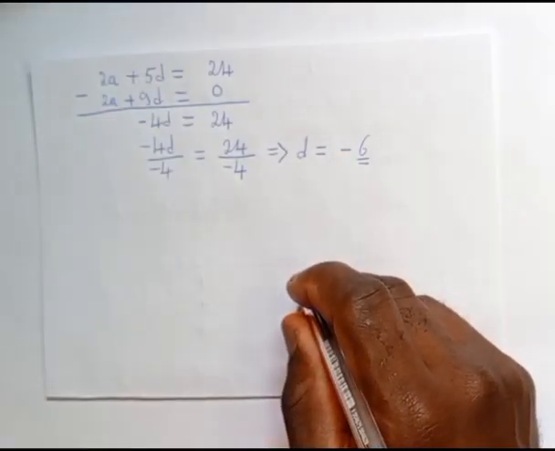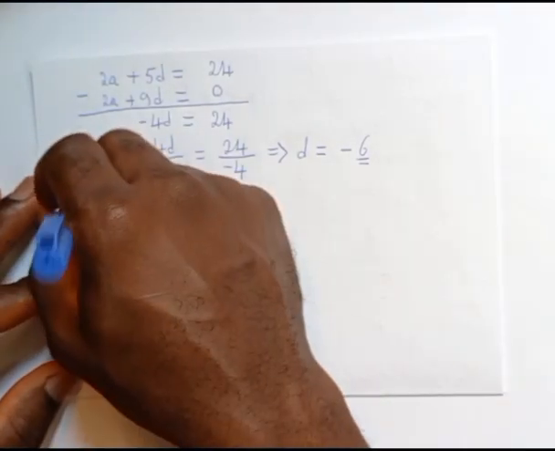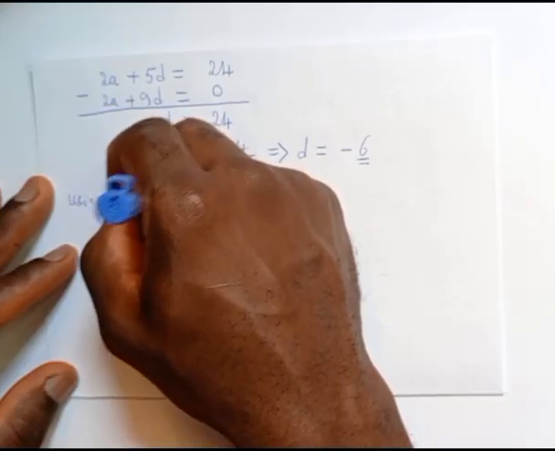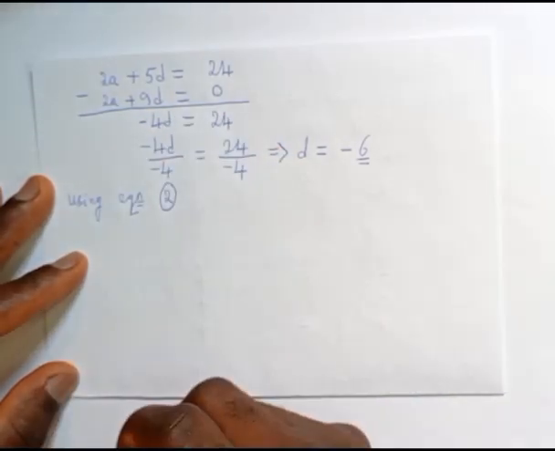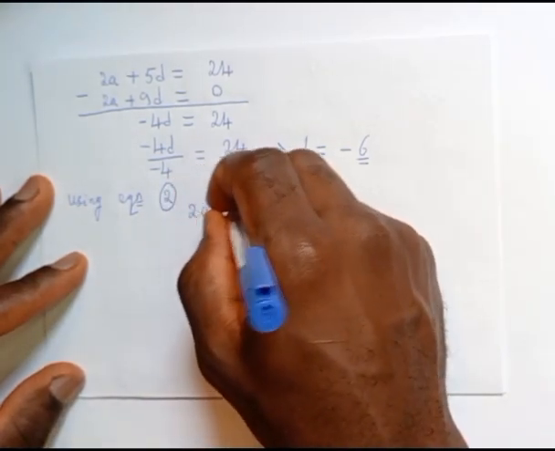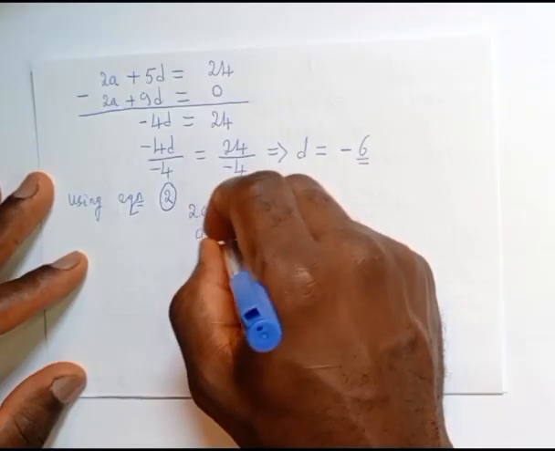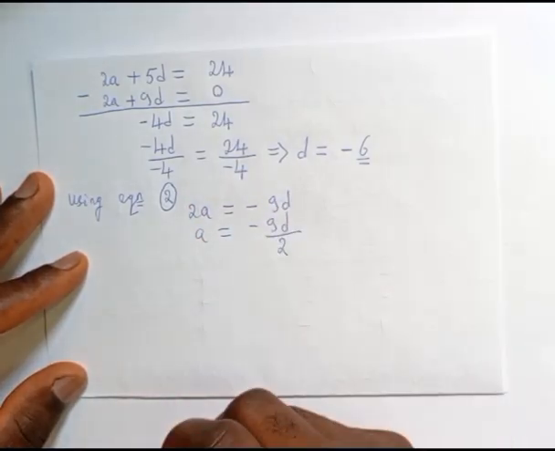Knowing the value of d, we can find the value of a. Let's make use of equation 2. In equation 2, if we make a the subject of formula, 2a will be equal to negative 9d. And a will simply be equal to negative 9d divided by 2.